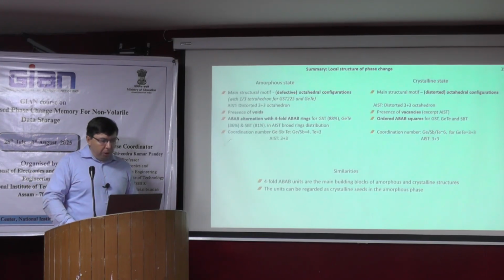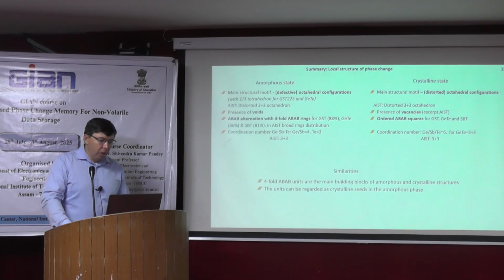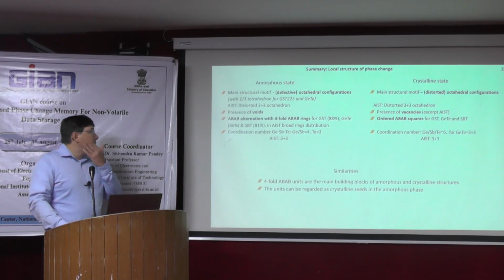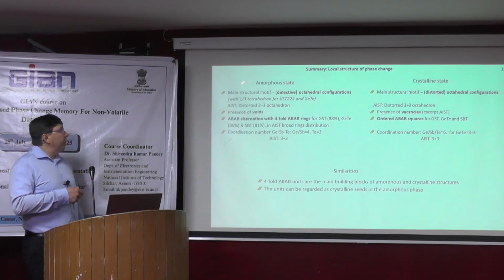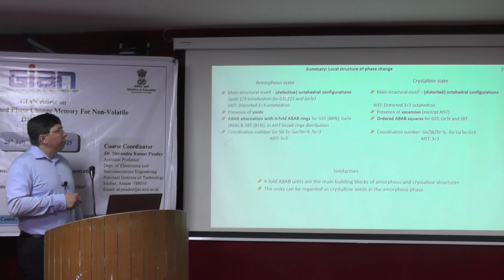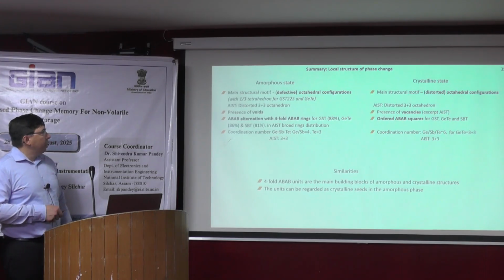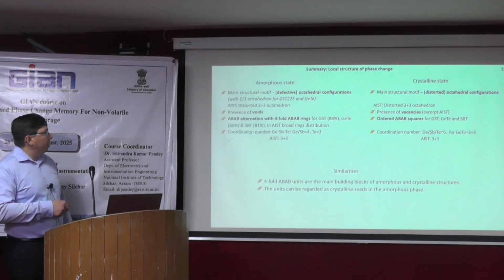So now let me conclude this lecture on local structure of phase change materials. In the amorphous state, we have the main structural motif, which is defective octahedral configurations, but with one fifth of tetrahedra for GST225 and germanium telluride. For AST, this is a distorted 3+3 octahedron.